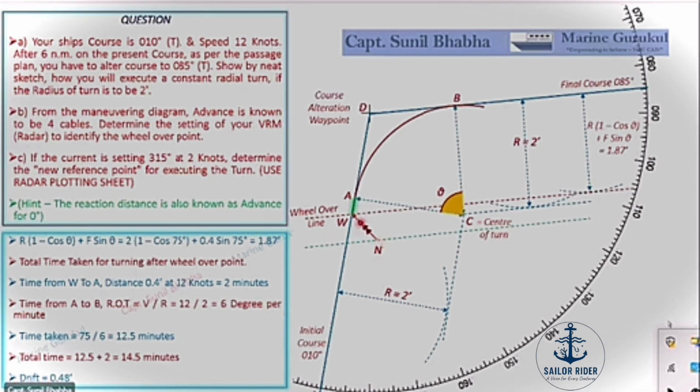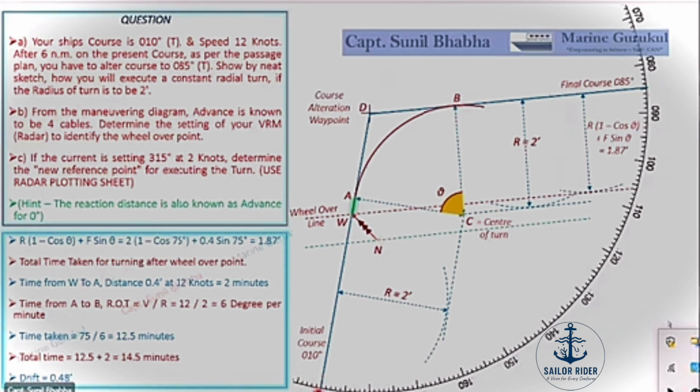So November to Whiskey is the effect of the current. Whiskey to Alpha to Bravo is the effect of the ship's maneuvering, the rudder angle, the helm order, and maintaining a rate of turn of 6 degrees per minute. Taking the ship to point Bravo, we will reach on our final course with 0 cross-track error.